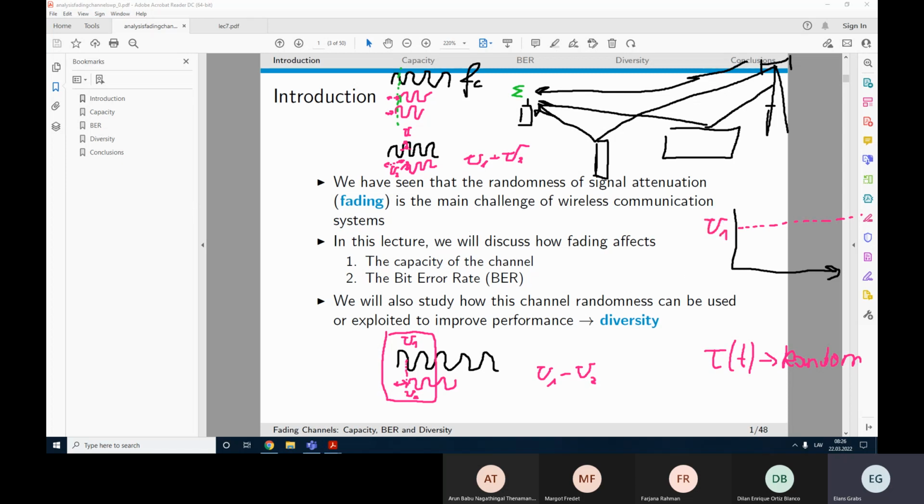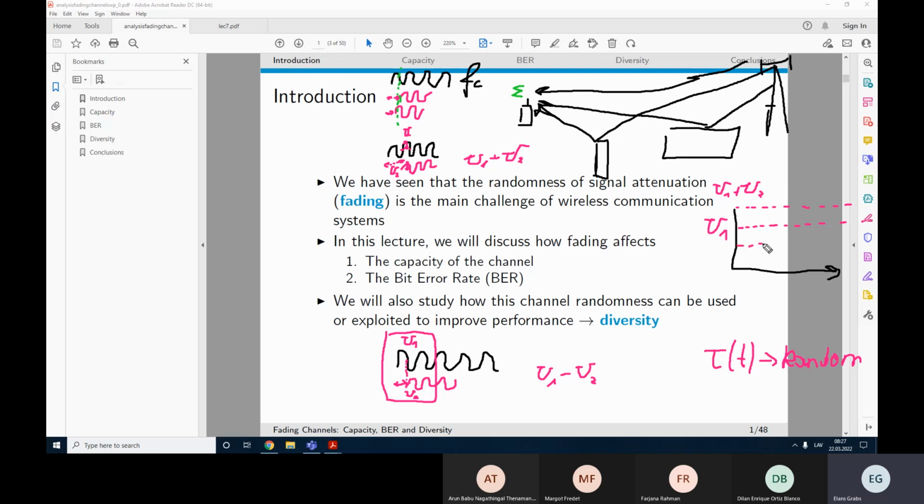usually. And then we can receive a signal both stronger than we should, like this. Sorry, I need a little bit straighter line here, which is U1 plus U2.